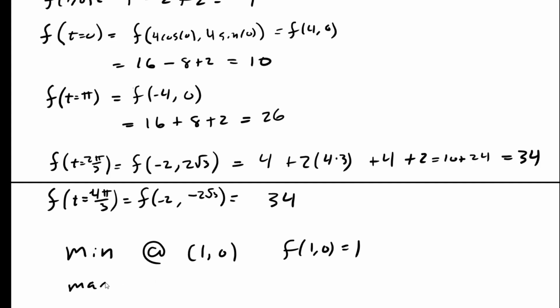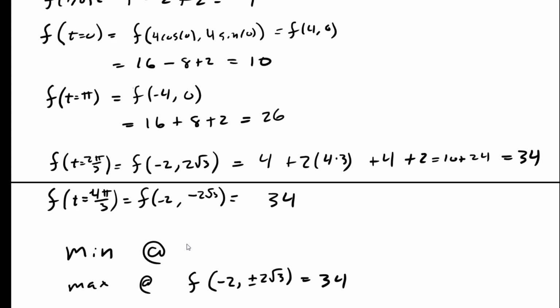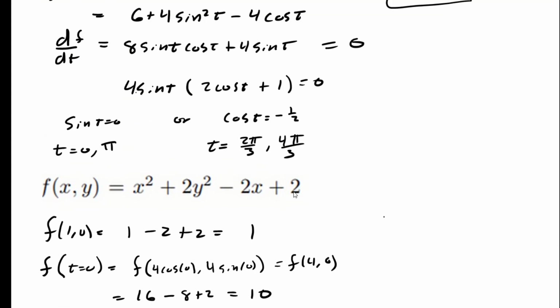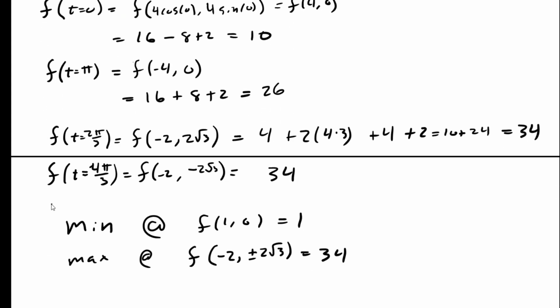And max at (minus 2, plus or minus 2 root 3), which is 34. Okay, so that's the absolute max and absolute minimum over this domain.